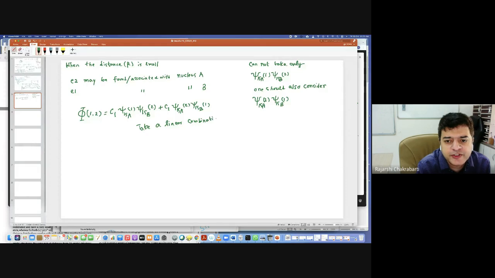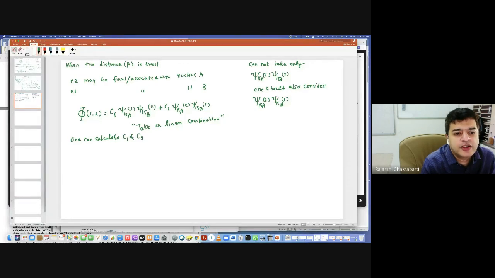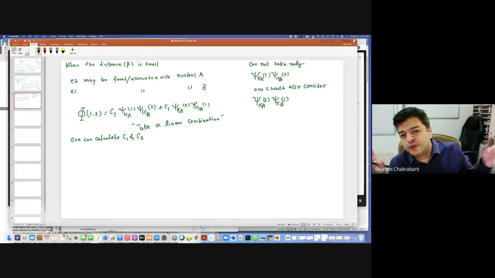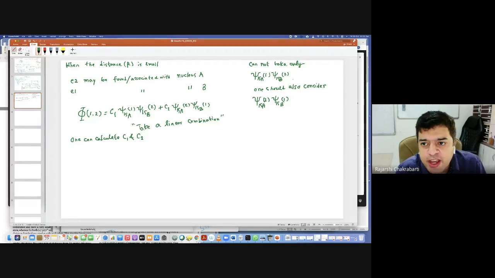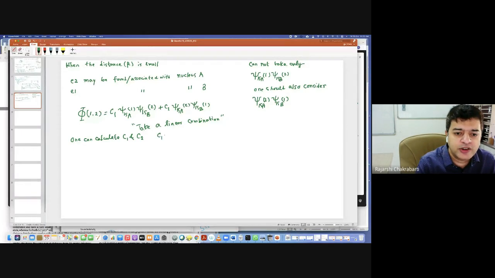But look at it, this is different from your MO picture, isn't it? And actually one can calculate. First of all, it is obvious that C1 has to be equal to C2 from this combination, because I cannot give preference to this or this. Both are equally probable. So C1 has to be equal to C2. And in this case the normalization is slightly different.